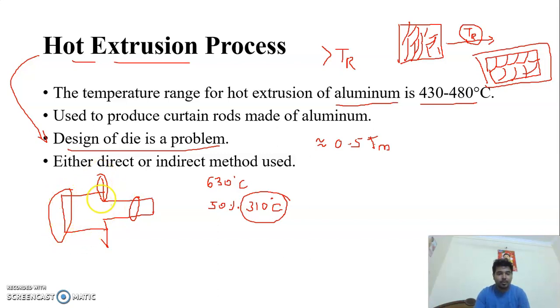The raw material is in direct contact with the die, and the raw material is heated above the recrystallization temperature. That means the raw material is very hot. So if it is in direct contact with the die, then the die will get corrosion. There is a corrosion problem in the die when in contact with the raw material. Therefore, we have to design a corrosion resistant die. This is a problem in the hot extrusion process.